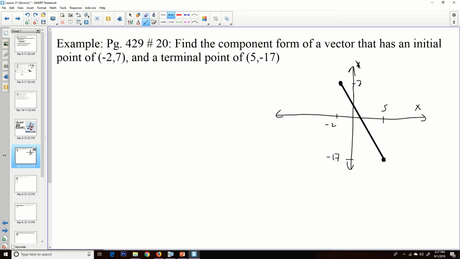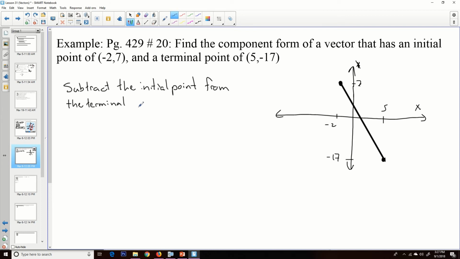That looks good. So to find the component form, subtract the initial point from the terminal point. So the component form of, we'll call this vector v just for the sake of argument.